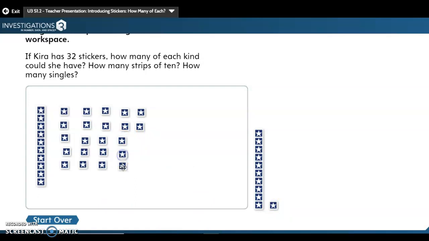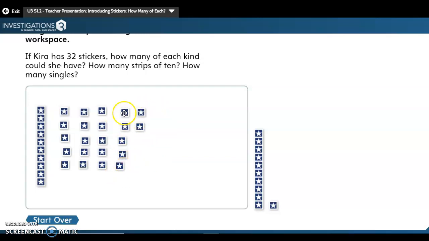So let's look and see, because we've counted up to 32. We've got our stickers organized so that we can be efficient. And let's look at how many 10s and how many 1s we have in this solution. So I have 1 strip of 10, and then I have 1, 2, 3, 4, 5, 6, 7, 8, 9, 10, 11, 12, 13, 14, 15, 16, 17, 18, 19, 20, 21, 22.